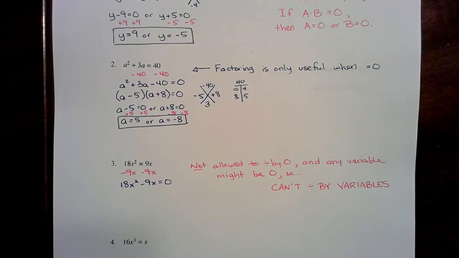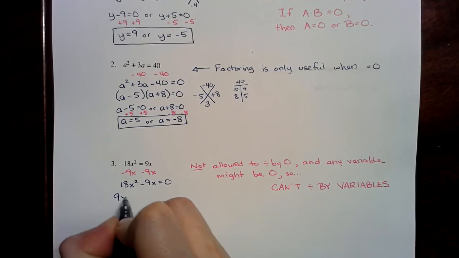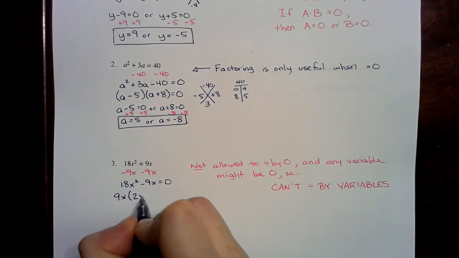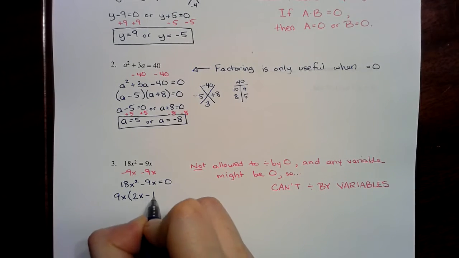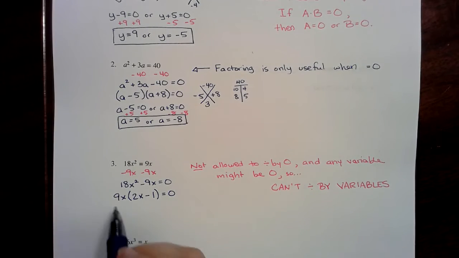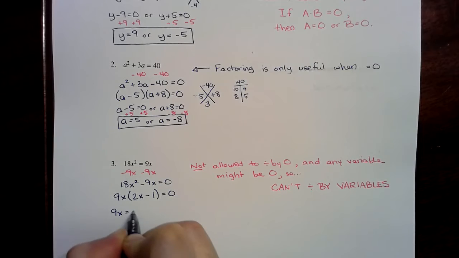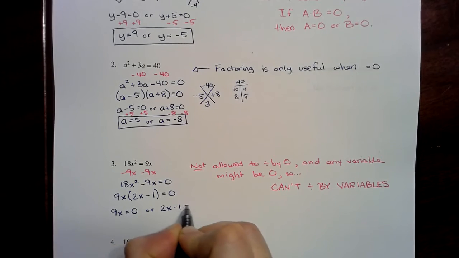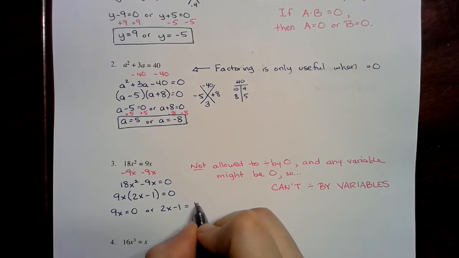Now I can factor, looks like I can factor out a 9x. And once I've factored out that 9x, now I have two things multiplied together equaling 0. So either 9x equals 0 or 2x minus 1 equals 0.